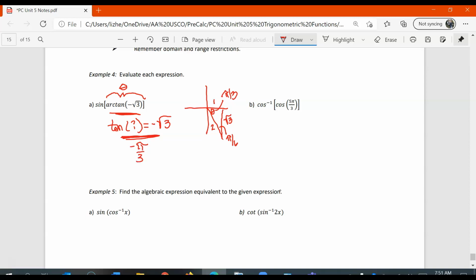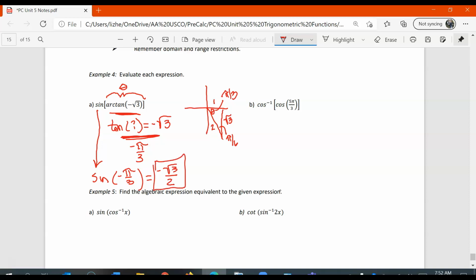Then what we're trying to find is the sine of negative pi over 3. And the sine of negative pi over 3, opposite over hypotenuse, is negative radical 3 over 2. And there's the answer to the problem.